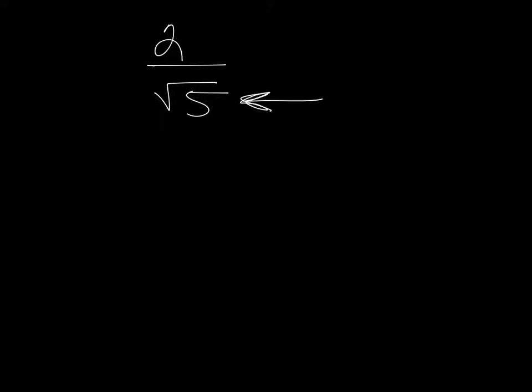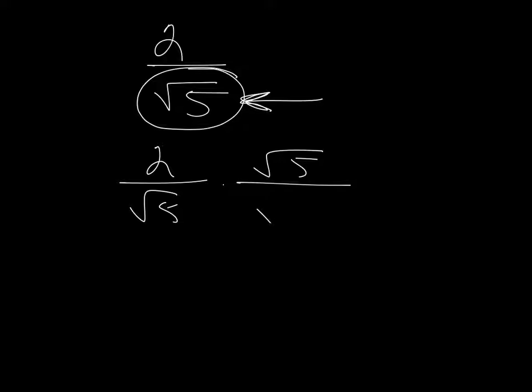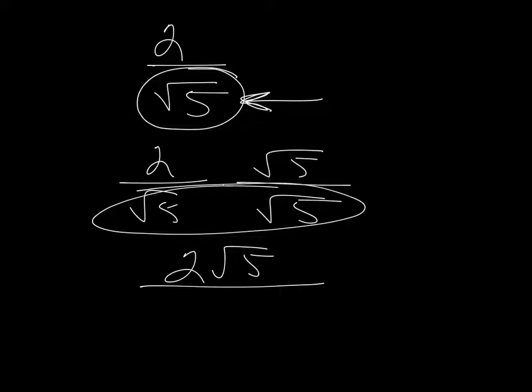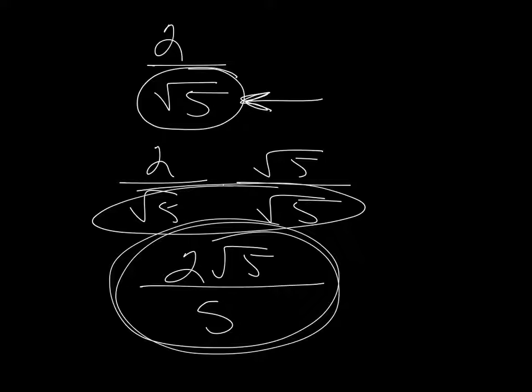And if you've forgotten how to do this, go back and look at my video about the basic math and the calculator. But you can't have a square root on the bottom, so I need one more 5 to make this work. So I'll multiply by square root of 5 over square root of 5. And the top, I get 2 square root of 5. On the bottom, since I have 2, it comes out. So this is the final answer then for that one.